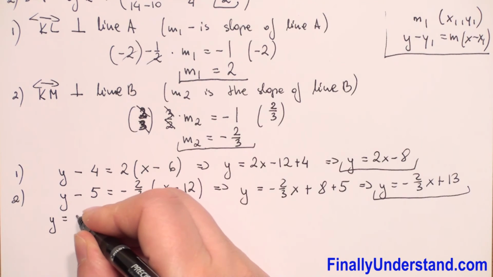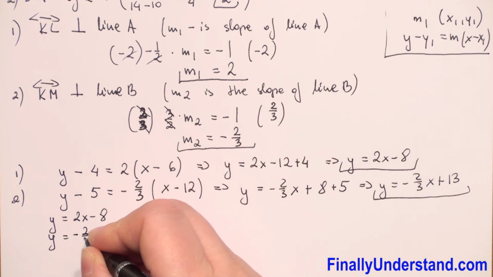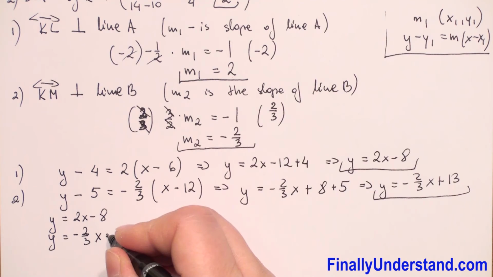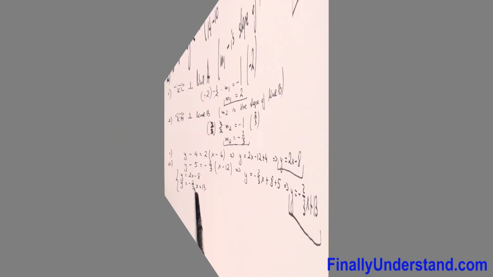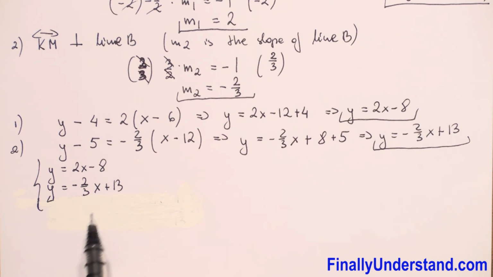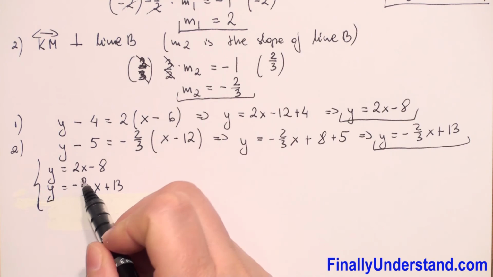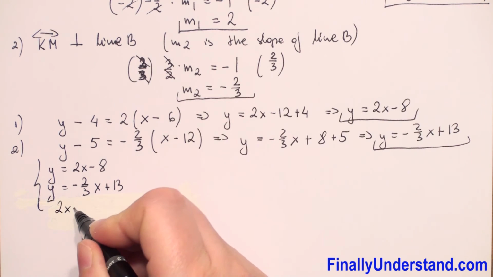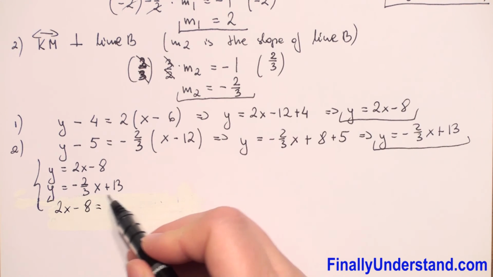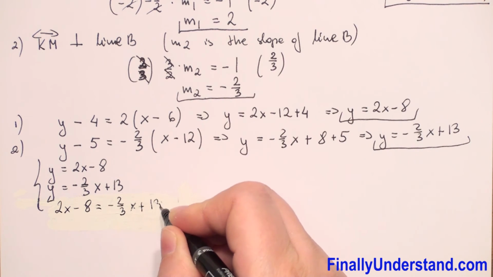We have y is equal to 2x minus 8 and y is equal to negative 2 over 3 x plus 13. We have 2 equations, 2 unknowns. I will use the substitution method to solve these equations. So I will substitute y by 2x minus 8, so we will have 2x minus 8 is equal to, and on the right side we will copy negative 2/3 x plus 13.